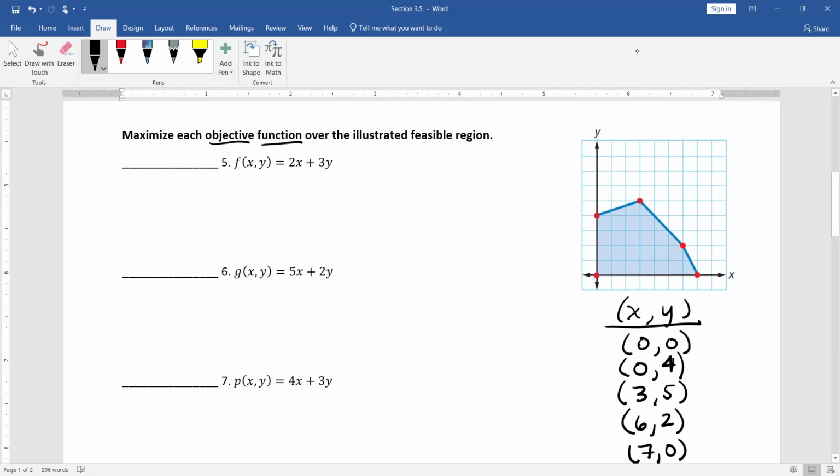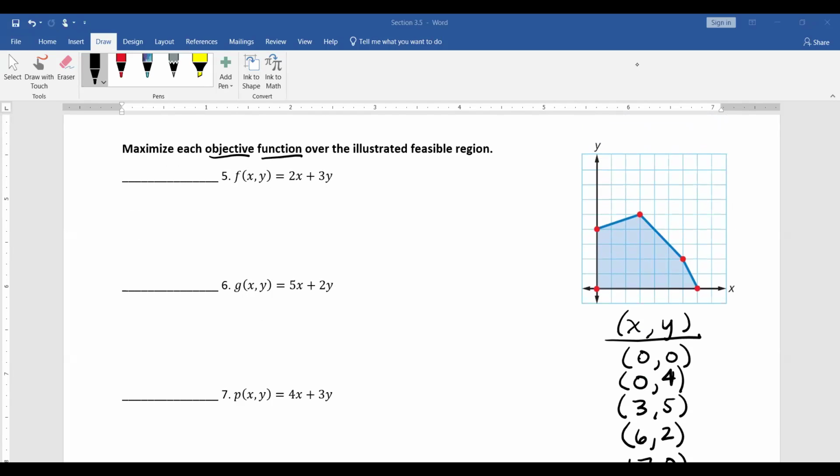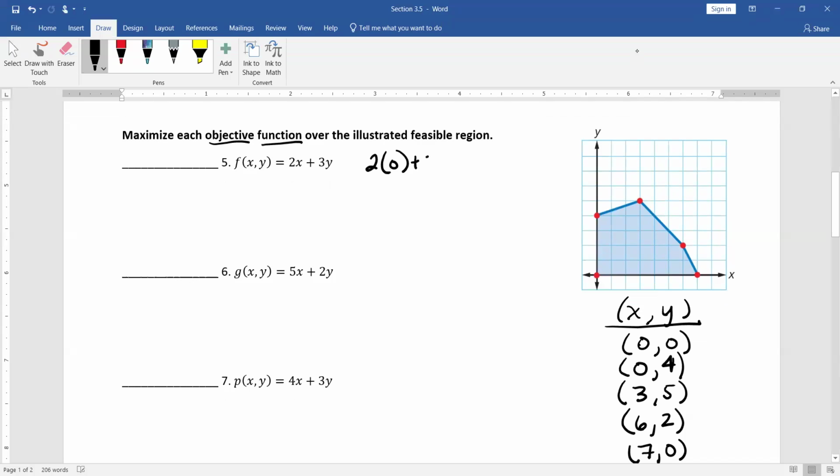So if I have ordered pair 0, 0, then that means that my function f of x is just 0. So I don't really need that one. Let's see here, I'll make it as a table. So that's 2 times 0 plus 3 times 0 equals 0.